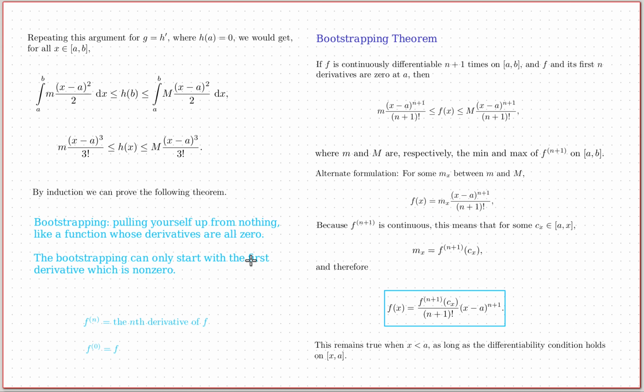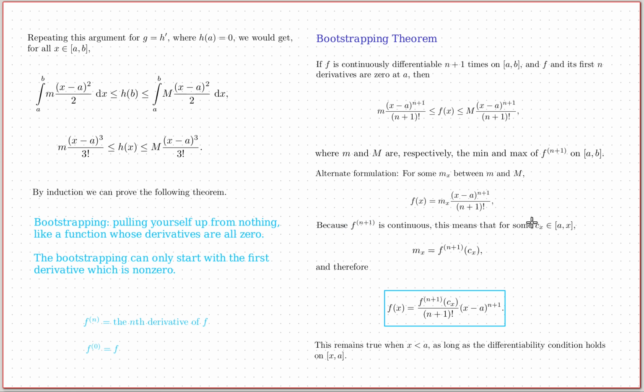Now, furthermore, because the n plus first derivative of f is a continuous function, and it's a continuous function which takes a small value little m and a large value big M, and because it's continuous, it must also take all values in between. So the n plus first derivative of f takes all the values from little m to big M and everything in between, and therefore there must be some point where it takes the value m sub x, right?